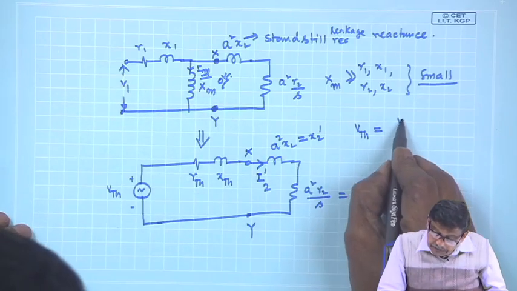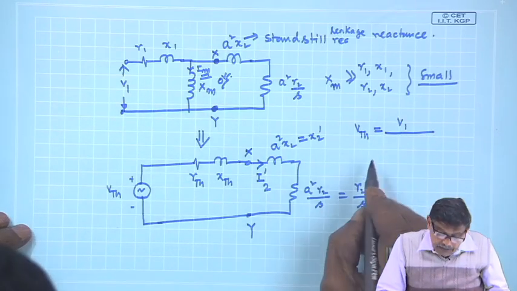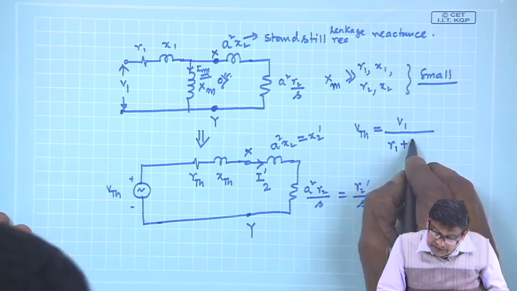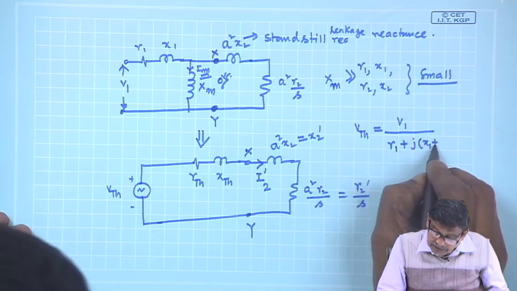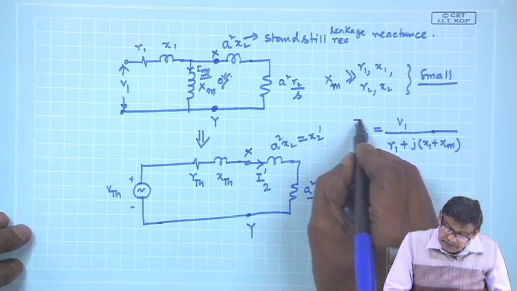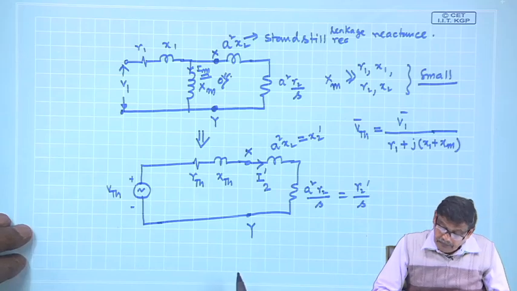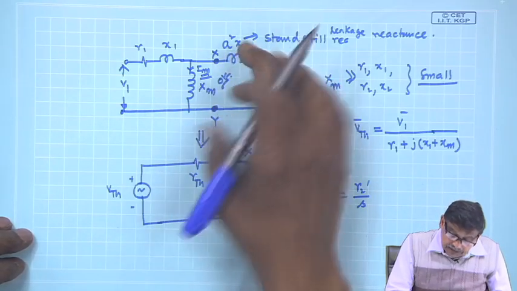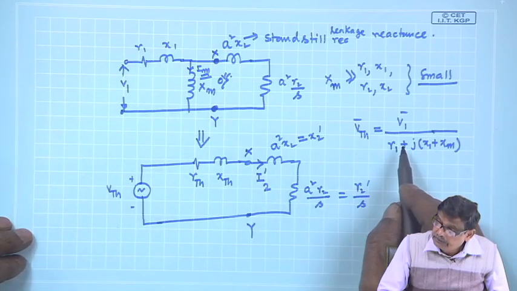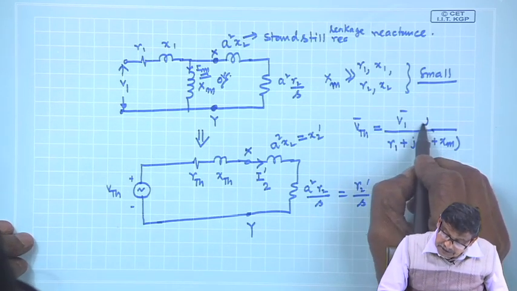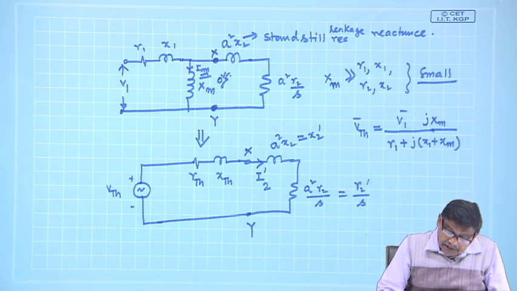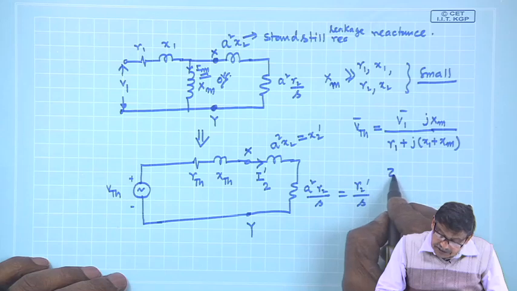It will be V1 divided by R1 plus j(X1 plus XM), multiplied by jXM, as this side is not there. So, these two are in parallel. This will be V Thevenin, and what should be the Z Thevenin?